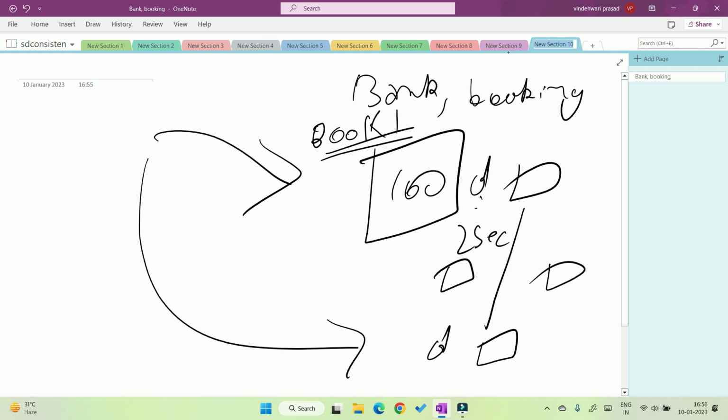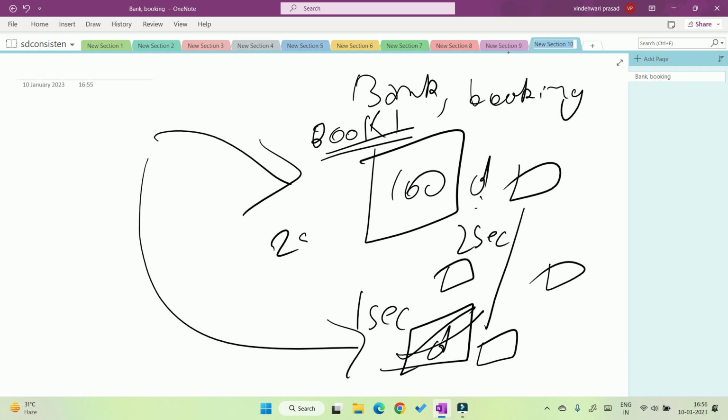Within 1 second, a second person comes to another server and books the same room, because the data gets updated only after 2 seconds. What will happen? The same room is booked by 2 people. So this is very bad for this type of application.